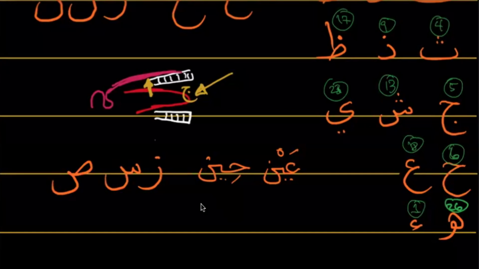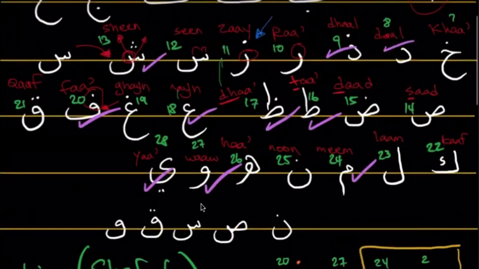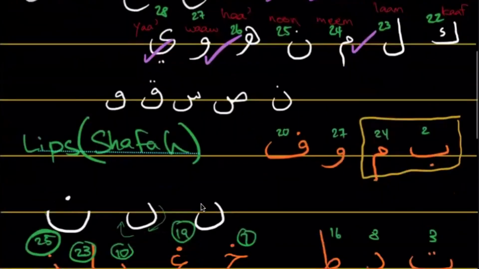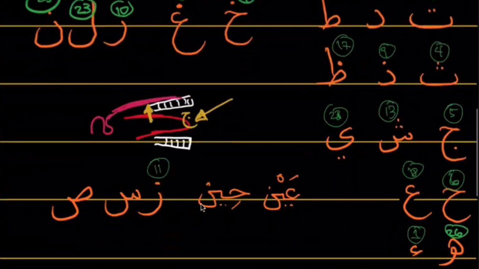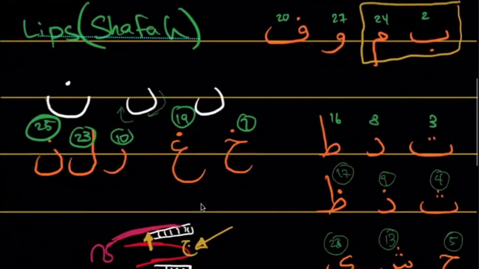Zai is actually the medium sister because Zai is harder than Sin. Sin is letter number 12. And Thawd is the big sister out of these. Thawd, letter 14.